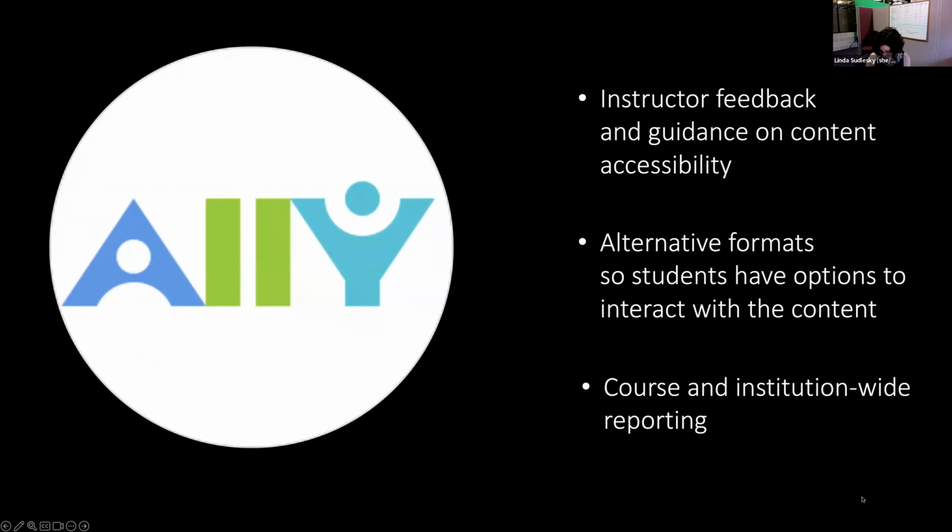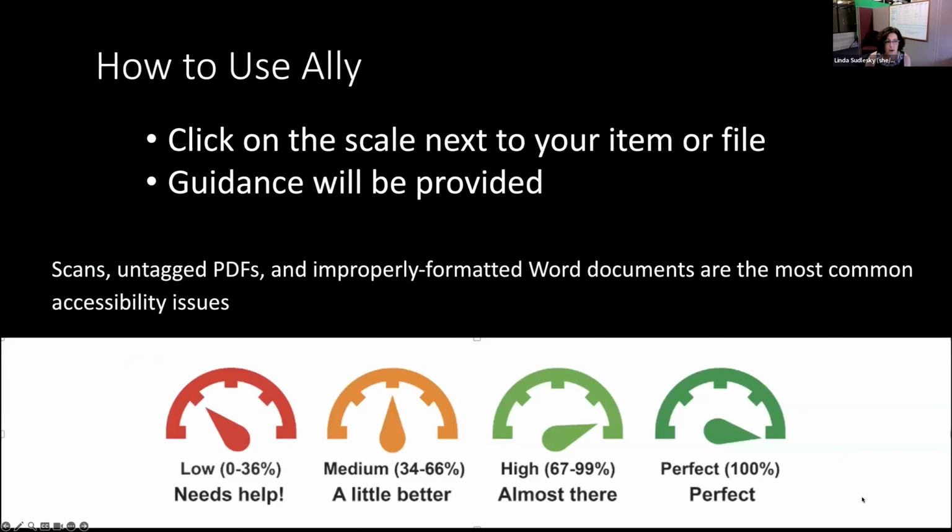And course and institution reporting. I can't wait to show you the course report, but let me first give you this review of the colors. Ally has these color scales, but if you can't see the difference between the red and the green, which is the case with color blindness to a certain extent, just clicking on the scale in Blackboard, as I showed you, opens up that window that says specifically how accessible your document is and what you need to do.